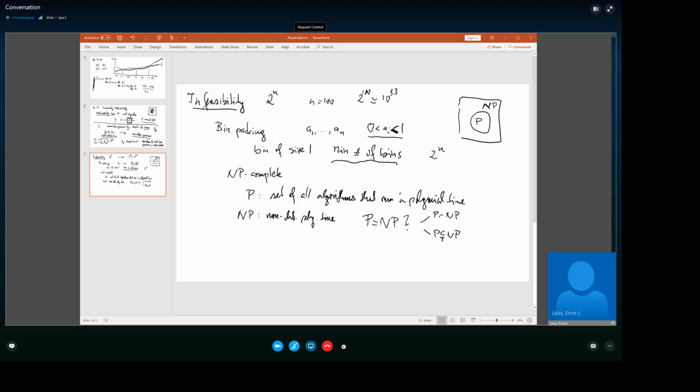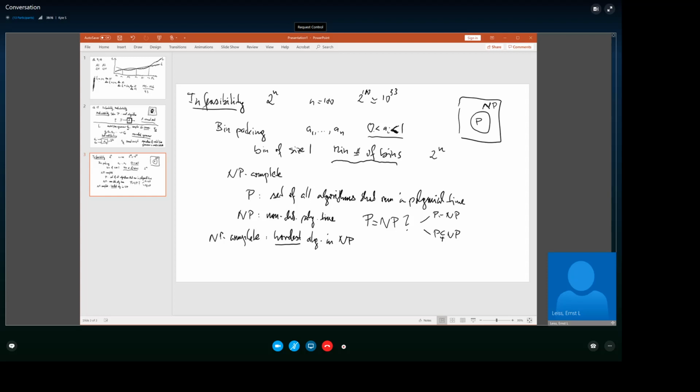Now, what is NP complete? If you have an algorithm that runs in non-deterministic polynomial time, so is an algorithm in NP, then an NP complete algorithm is, in some sense, a hardest algorithm in NP. I'm not making it very formal. What do I mean by that?